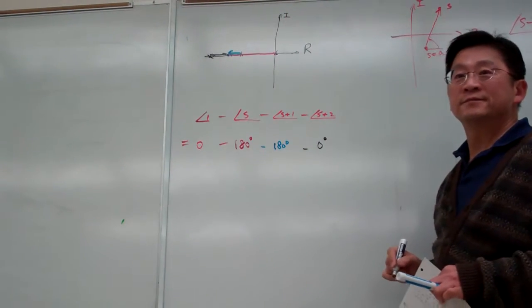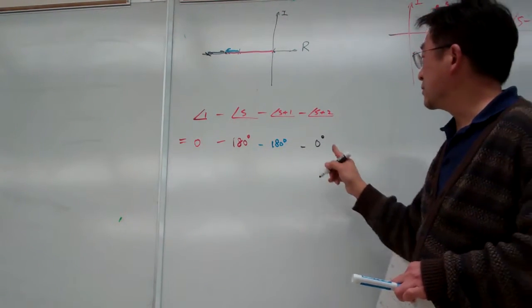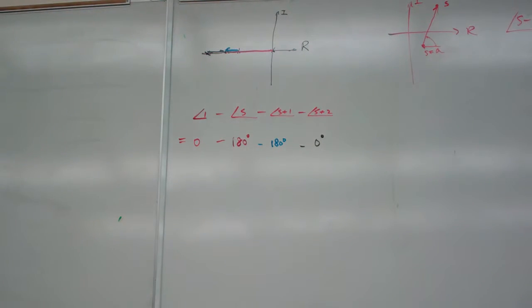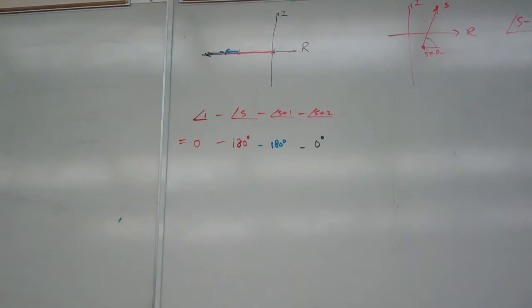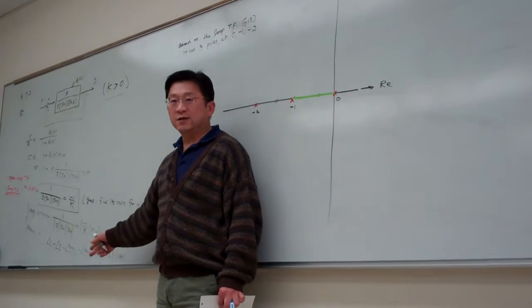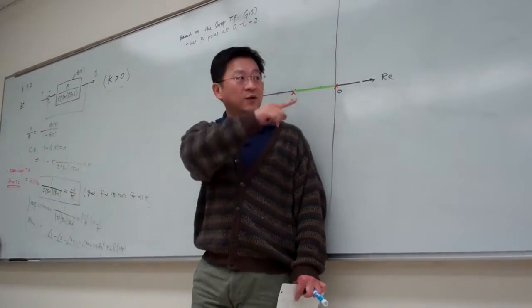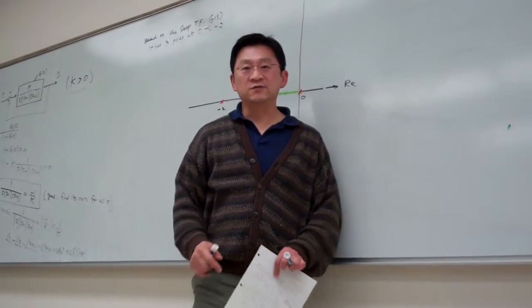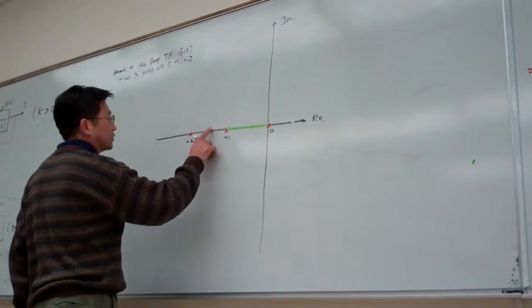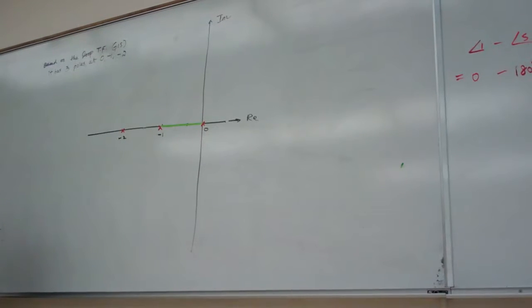So the result is 360, which doesn't fit. We are asking for 180, 540, minus 180, etc. This gives us 360, minus 360, which doesn't fit. So anything in between here is no good.